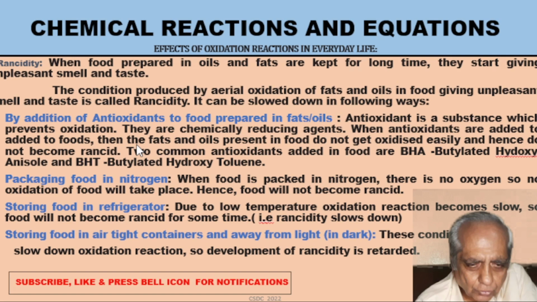Then packing food in nitrogen, like potato chips or other such foodstuff, are packed in packets. Those packets contain nitrogen and not oxygen, so they can remain there for a longer duration because there is no oxygen, so no oxidation will take place. But as soon as you break that packet, then air will enter and now it will get spoiled. So so far it is in the packet, it will not get spoiled because it is having nitrogen.